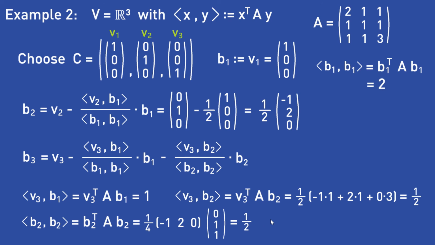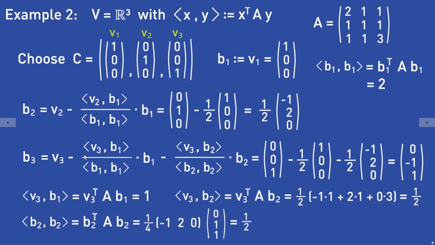The last thing we have to do is to plug all these values in the formula for B3. So we get that B3 is equal to that here. So this vector here is B3, this here is 1, that here is 2, B1 is equal to that vector here, and this here is 1/2 divided by 1/2.